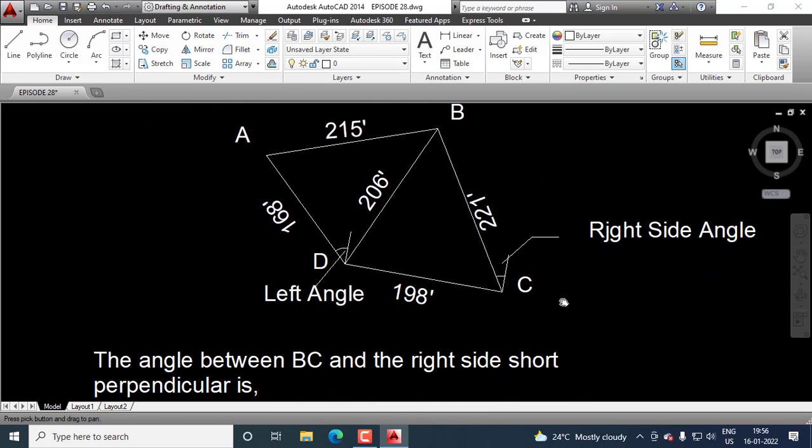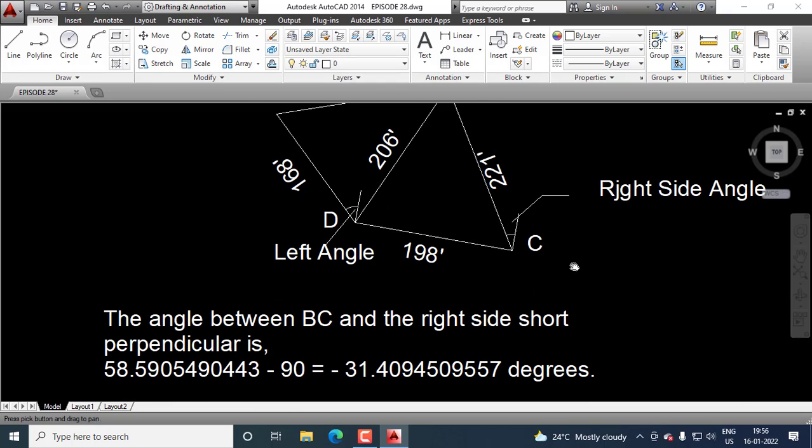The angle between BC and the right side short perpendicular is 58.5905490443 minus 90 degrees, which is equal to minus 31.4094509557 degrees. This right side angle is minus 31.4094509557 degrees.